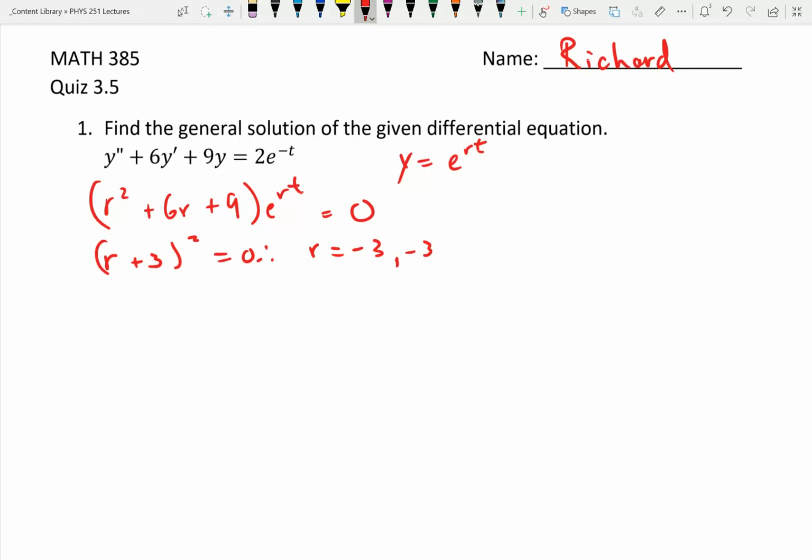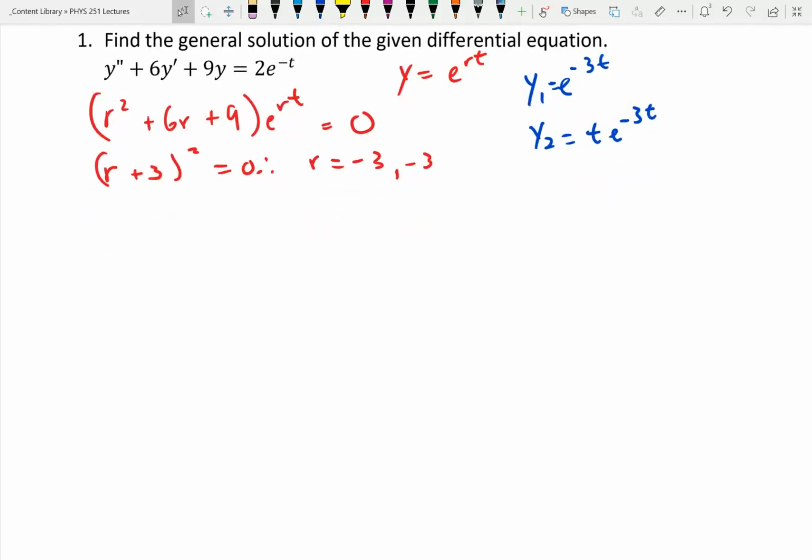So because they're repeated roots, I have y1 equals e to the minus 3t, y2 equals t e to the minus 3t. What we were talking about before class, that t raised to the first power will make it non-ambiguous.